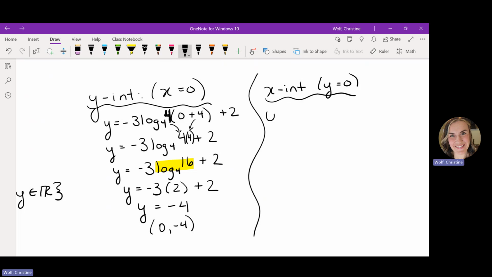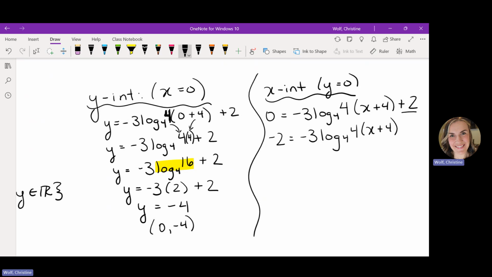So now we have 0 equals -3 log base 4 of (x plus 4) plus 2. I think I did that right this time. Okie doke. What do we do? We send this 2 over, and it will become -2, just like we did in the question above.